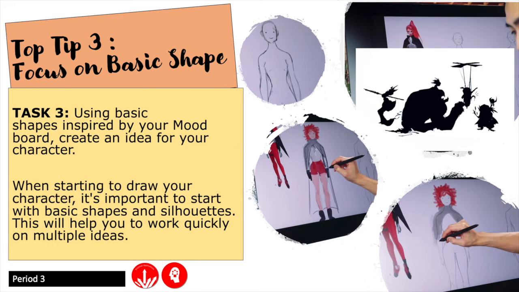If you think back to SpongeBob SquarePants, the minute you see that rectangular shape along with the arms and legs sticking out, you know exactly who it is without ever having to see any details. So when you start to draw your character out, all I want you to do is start with basic shapes and silhouettes that are going to help you quickly work on multiple ideas. I would like you to try and sketch out 2 or 3 different ideas using basic shapes only.